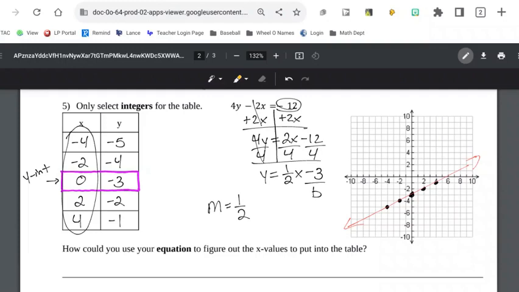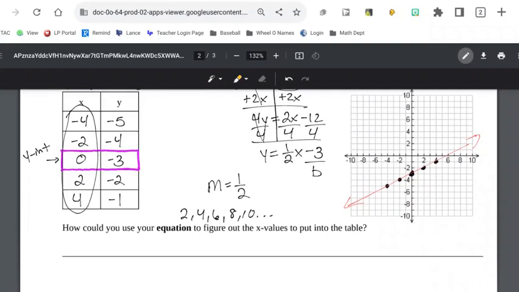So we're looking for negative 2 and 2, and negative 4 and 2. 2 goes into 2, 2 goes into 4. So we're looking for multiples of our denominator. So that would be 2, 4, 6, 8, 10, and so on. And then the negative as well.